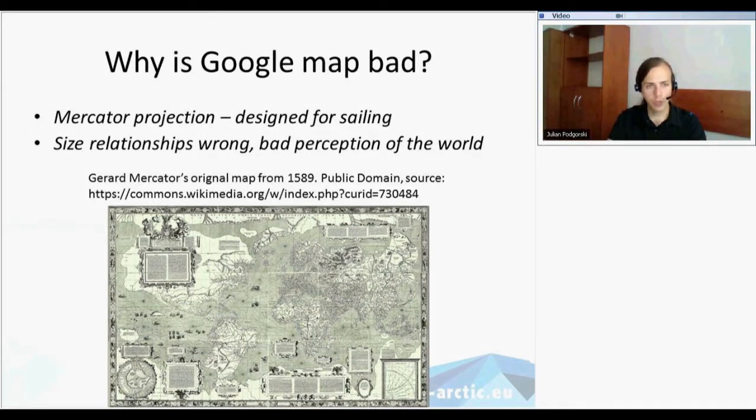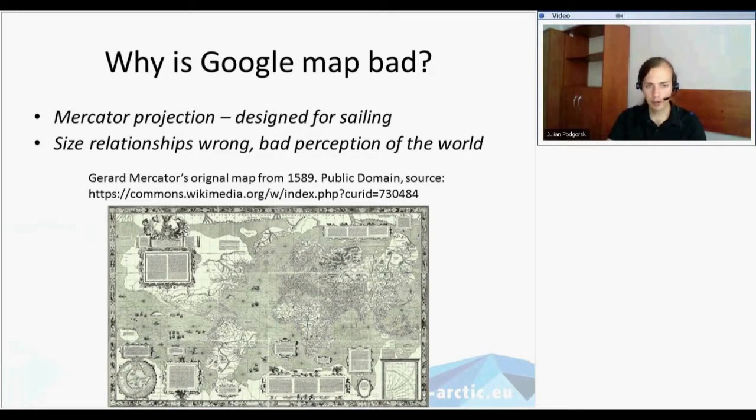The Mercator projection was created in the 16th century by a German, Gerhard Mercator, and his purpose, like all the different projections, as I said, they have their purpose, and the purpose of this one was sailing the oceans. When sailing the oceans, the captains have to plot a course, so the line along which the ship will travel, and Gerhard Mercator created a map on which the course, that straight line in reality, would be a straight line on a map.